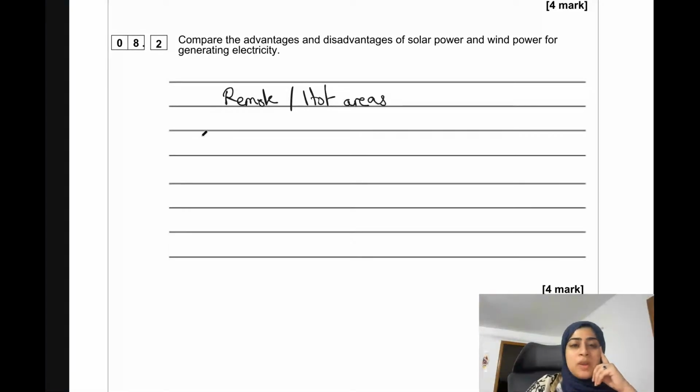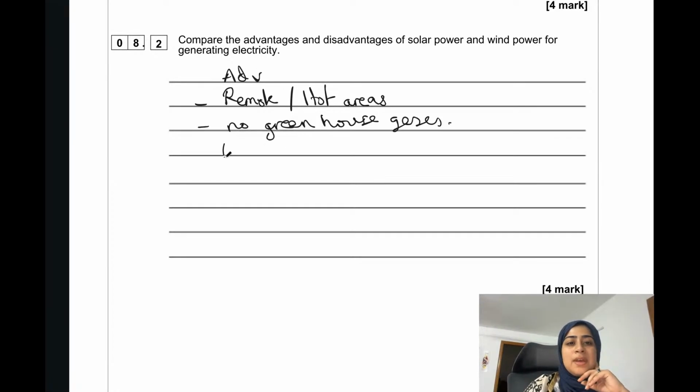And also there are no greenhouse gases, it's renewable as well. But a disadvantage of solar is that it relies on the sun. So it's dependent on the sun. If it's sunny one day, you'll get a lot of energy. If it's not, you won't.